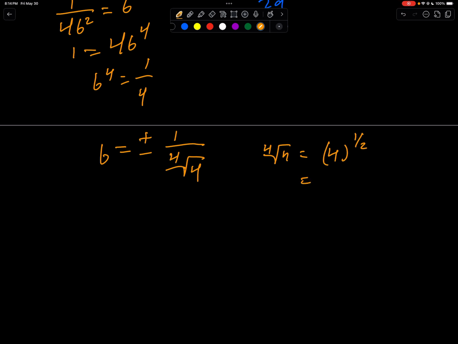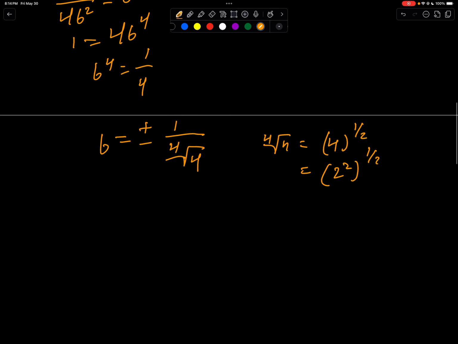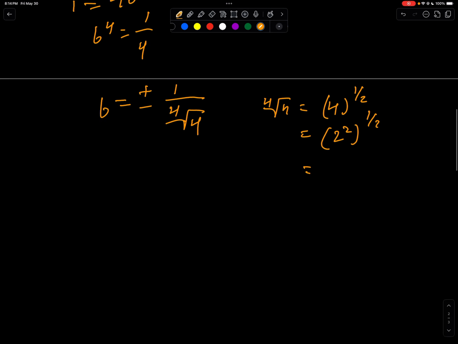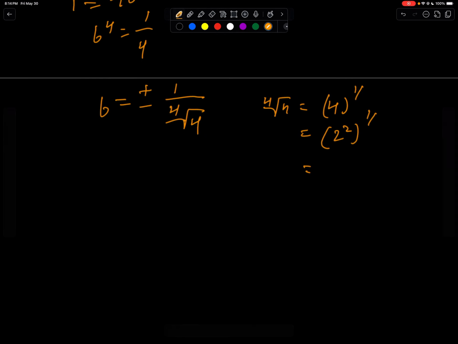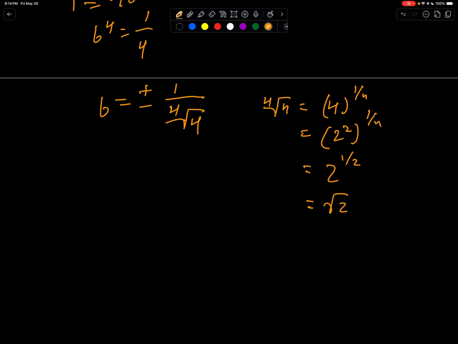And remember, 4 is just 2 squared, so that's 2 squared to the 1/4. And this will then equal 2 to the 1/2, which is just square root of 2. So we'll have plus or minus 1 over square root of 2, which we can also rewrite as plus or minus root 2 over 2.